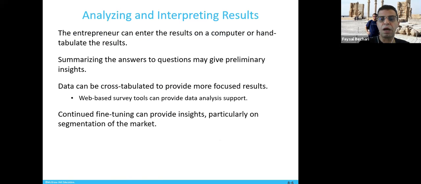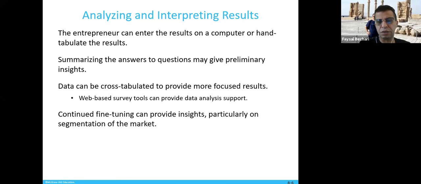Now, analyzing and interpreting the data. After you collect the data, the entrepreneur can enter the result on a computer or hand tabulate the result and summarize it.